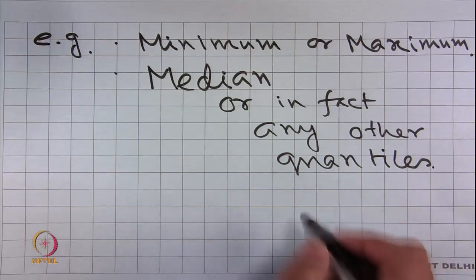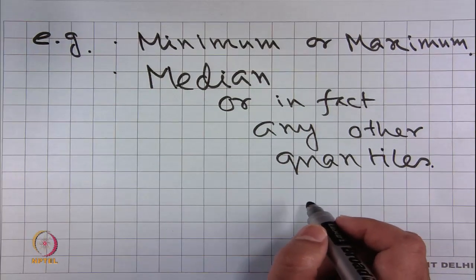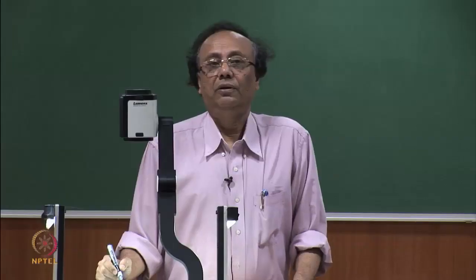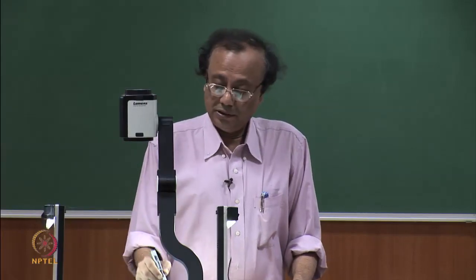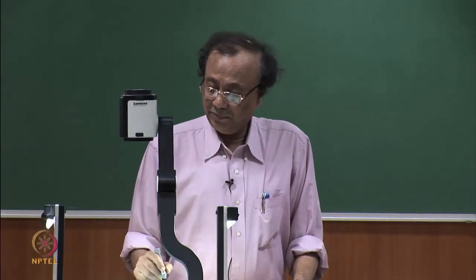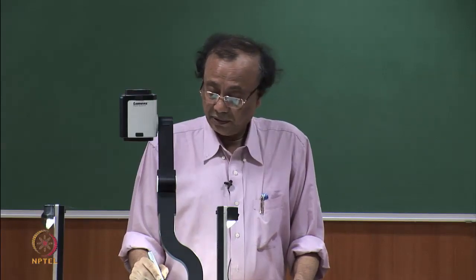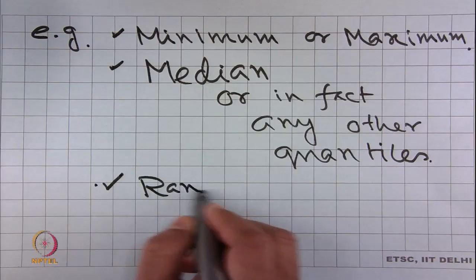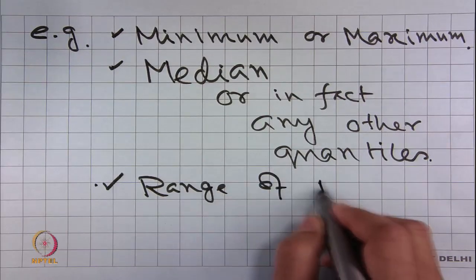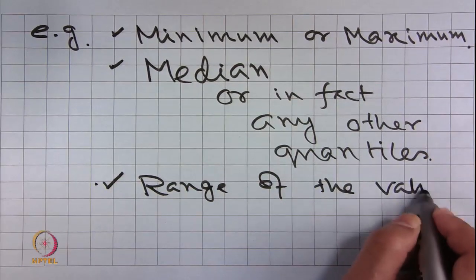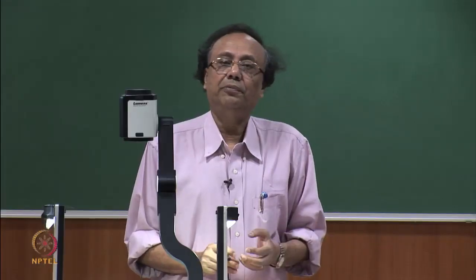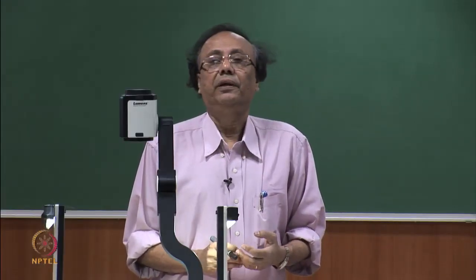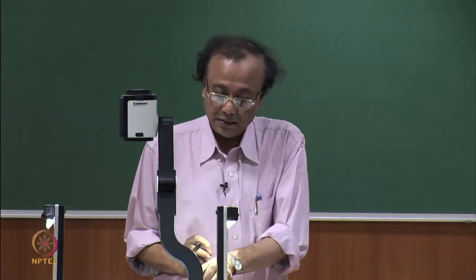For example, what is the 10th percentile of the population, or what is the 25 percentile, which is the first quartile of the population. So, we may like to estimate things like that, range of the values, say what is the expected range of the attribute in the population, that is the maximum minus the minimum.